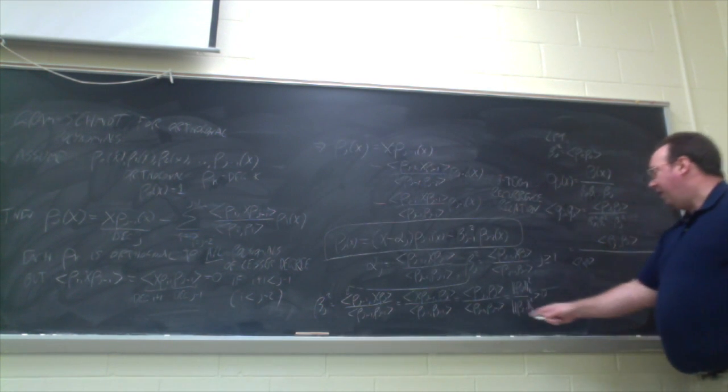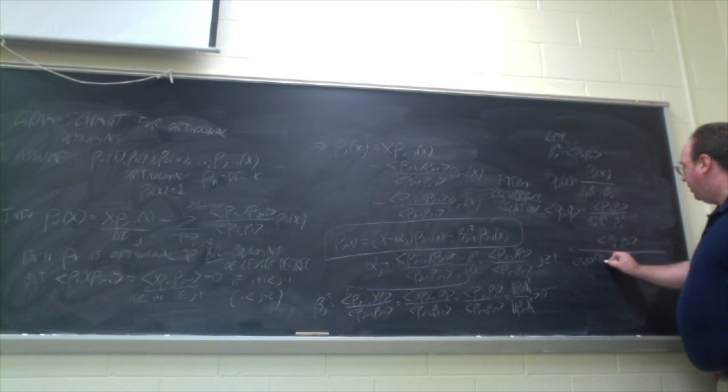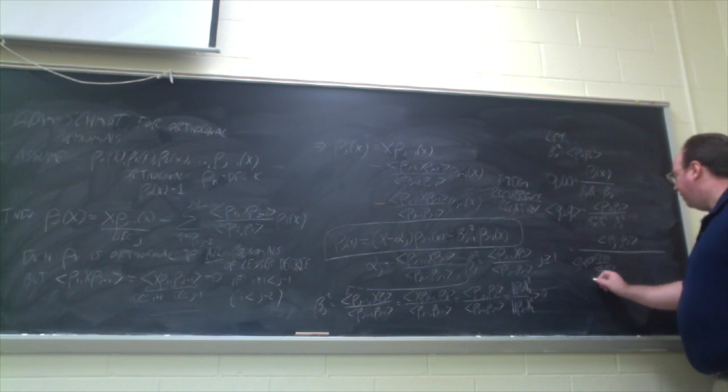Beta 1 squared is p1 over p0. Those cancel out.